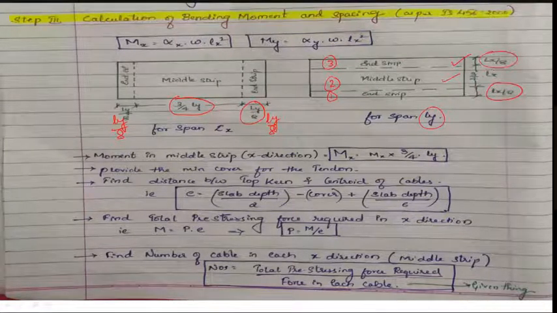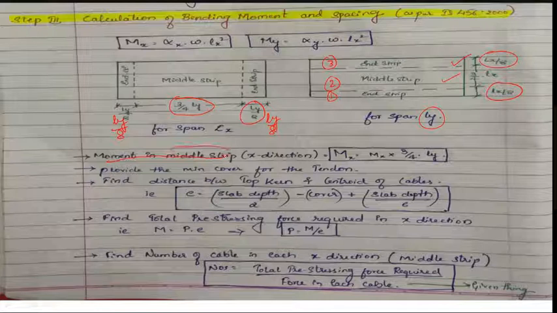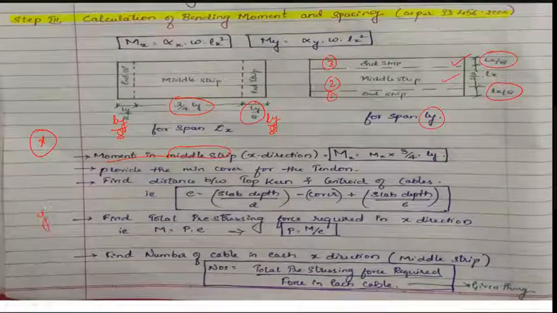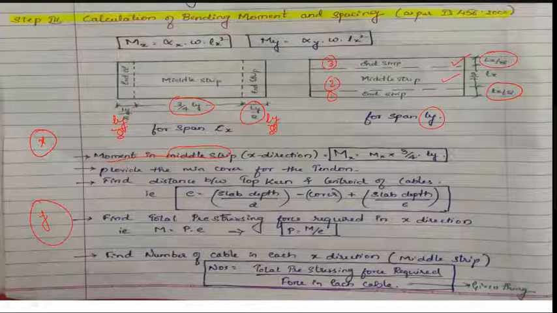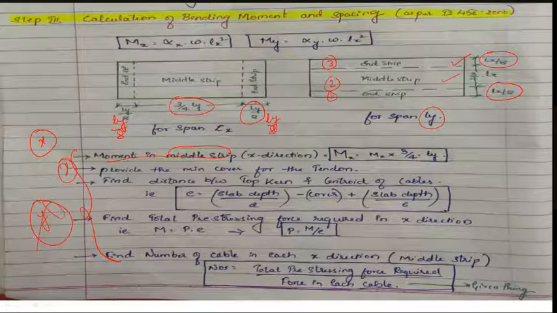The next will be determination of the moment in the middle strip. Here we will first go for the x direction, determination of the moment, and the same procedure is followed for the y direction also. This is for the x direction. Therefore, how will you determine the moment in the middle strip?